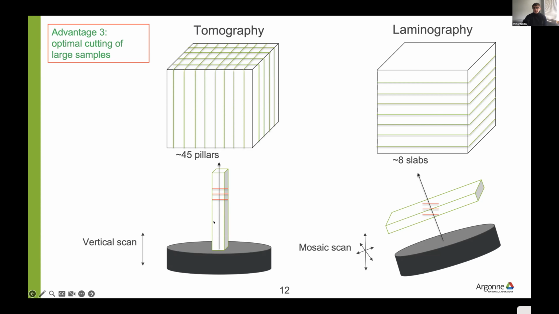And then you need to do a vertical scan of the sample. For laminography, you can cut this sample into slabs like this, and then scan these slabs. You can move the motors on the stage and scan different parts of these slabs. So this is another advantage: we can significantly decrease the number of cutting procedures.